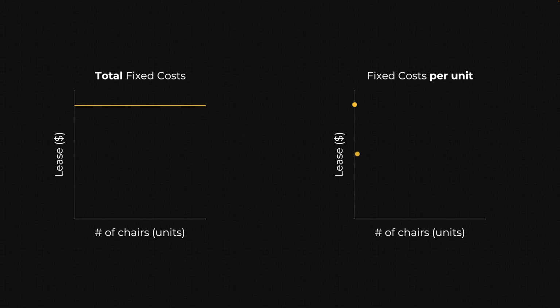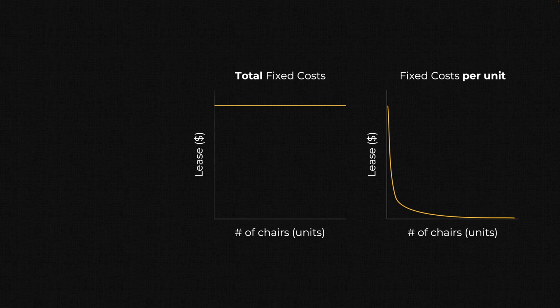But if they make 2 chairs, now their lease cost per chair is $25,000. And then if they make 3 chairs, their cost per chair comes down. And you end up getting a line for fixed cost per unit like this, where effectively the fixed cost per unit goes down as the number of units made increases, because you are able to spread the fixed costs over more and more units within the relevant range.